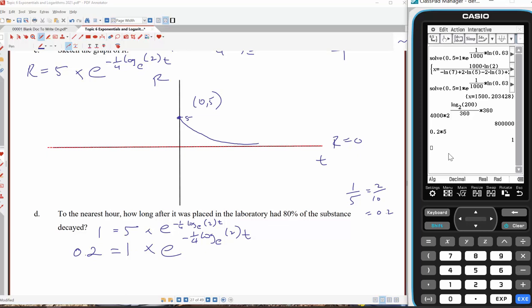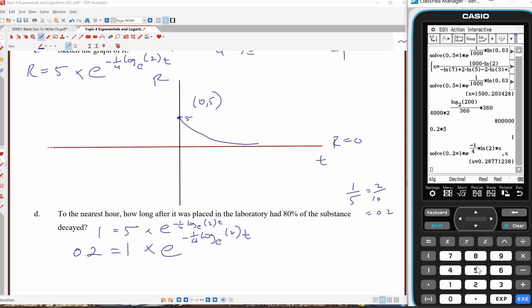Okay, to the nearest hour. So let's solve. 0.2 equals 1 times e to the negative 1 over 4 times ln 2 times x, comma x.